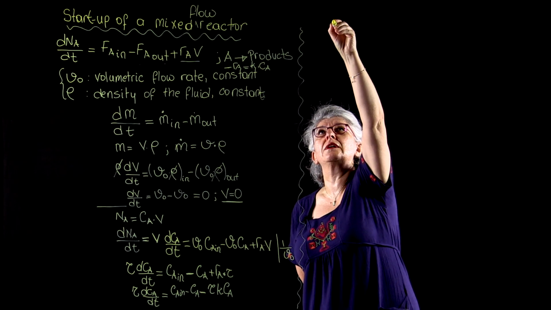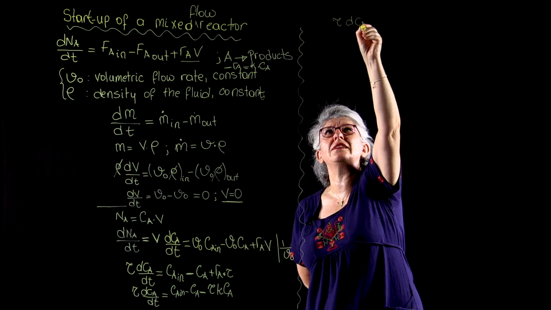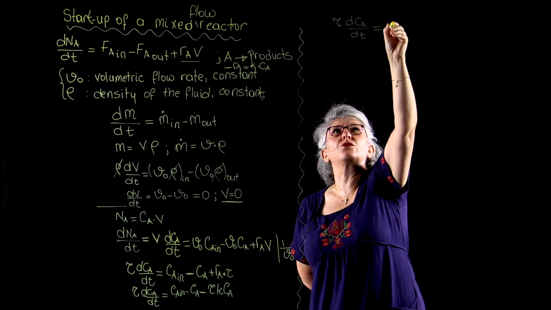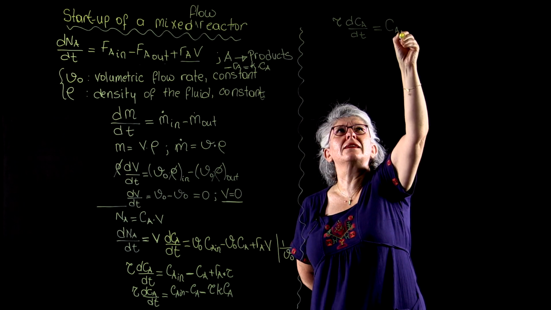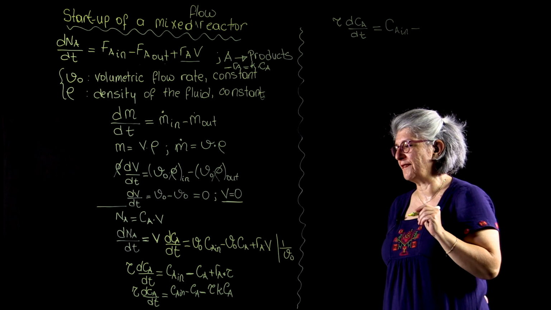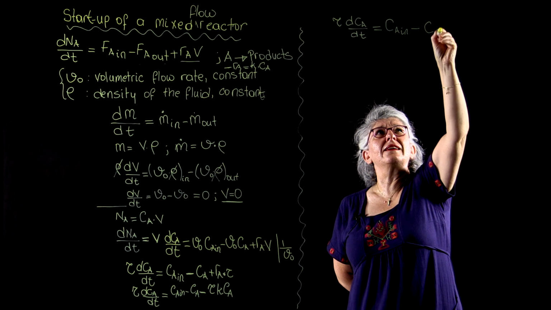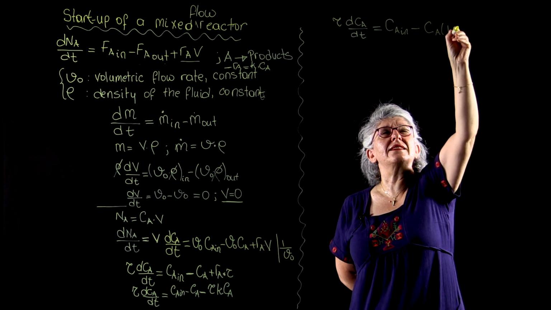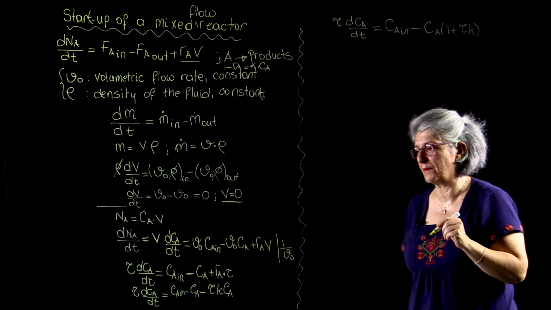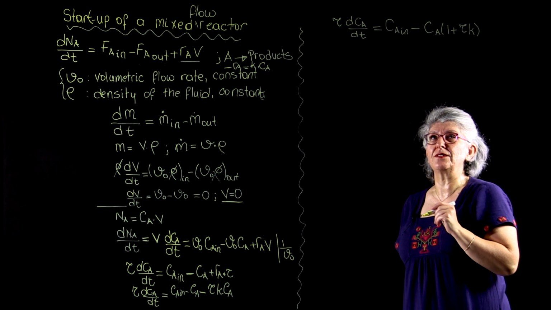First, I will carry my differential equation here, tau dCA over dt. This is equal to CA in minus, now let me group the terms that have CA, CA times 1 plus tau k. Remember, tau k was the Damköhler number. It was a dimensionless quantity.